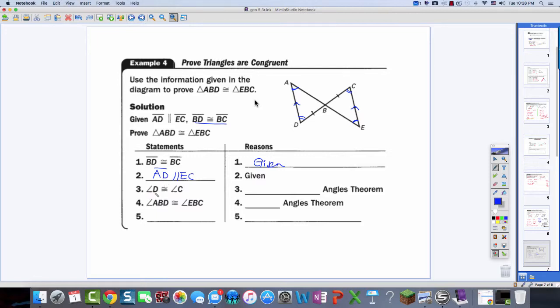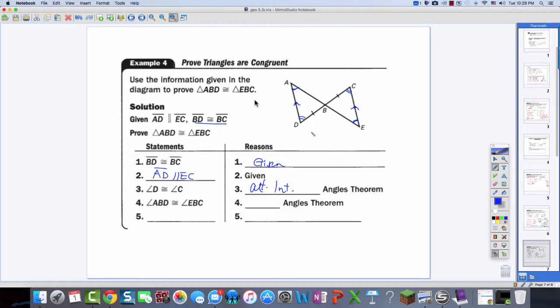So over here, they chose angle D and angle C. So we said this is the alternate interior angles theorem, which says if two lines are parallel, their alternate interior angles are congruent. That's our reason.